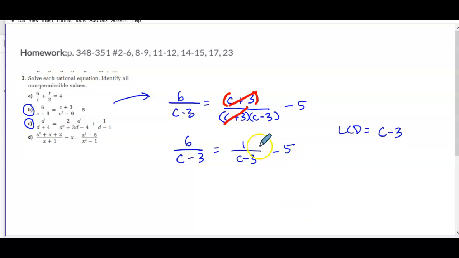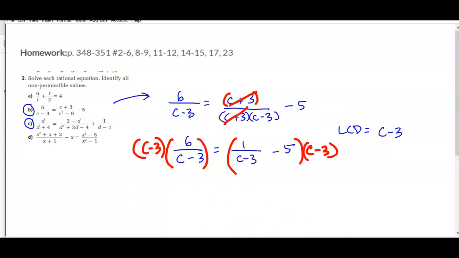And so now, rather than finding equivalent fractions all the way along, think about solving equations. Whatever you do to one side, you have to do to the other. So if you can multiply through one side to get rid of the denominator, then just do it to the other.